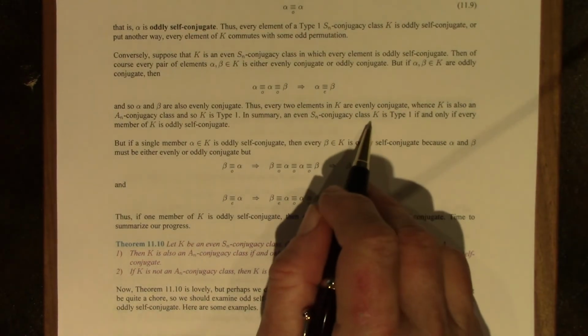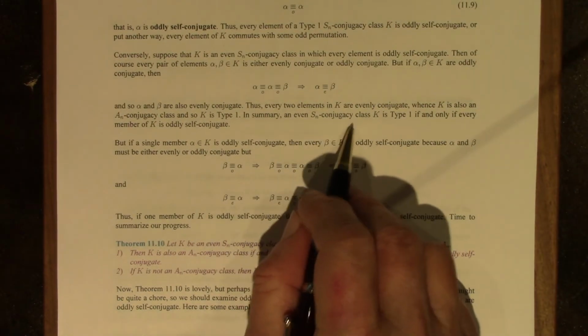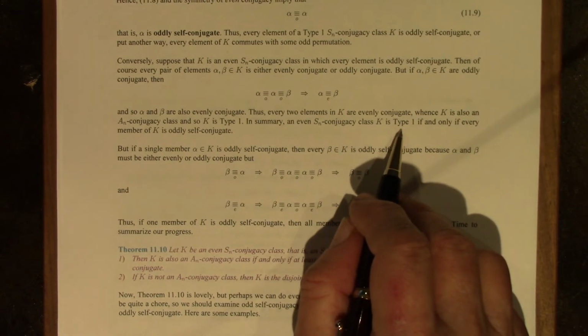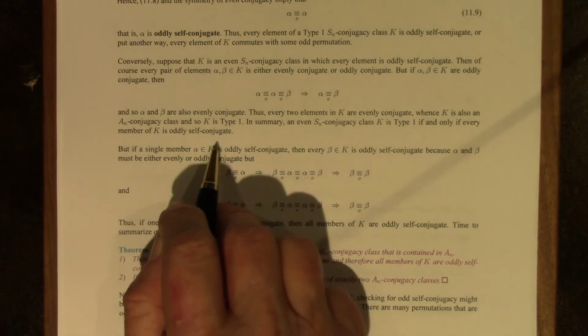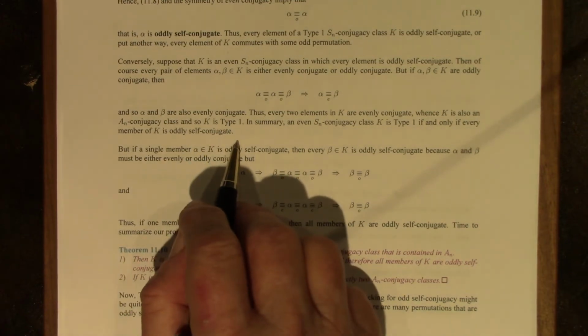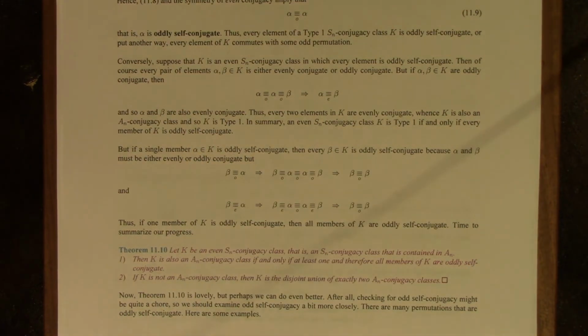So it is a type 1 S_N conjugacy class. It is also an A_N conjugacy class. So K, our even S_N conjugacy class, is type 1 if and only if every member of K is oddly self-conjugate. Or, in other words, every member of K commutes with some odd permutation.